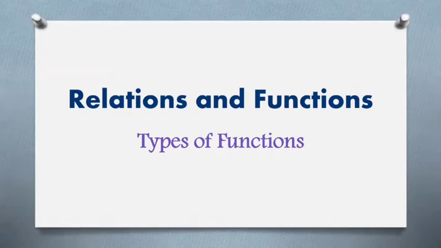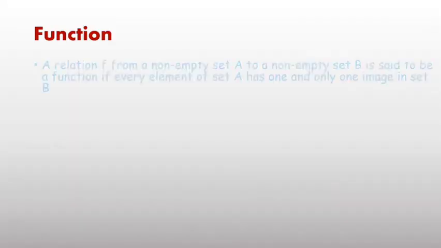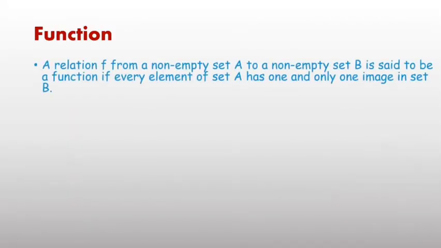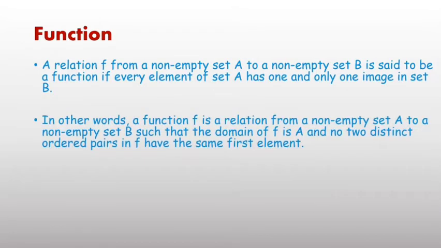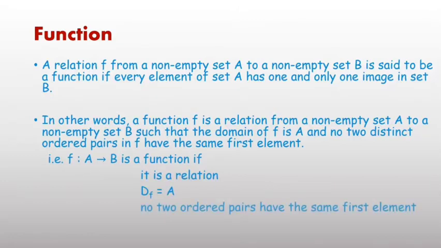Now second topic of first chapter, functions and types of function. Definition of function in class 11th you have covered. A relation f from non-empty set A to set B is said to be a function if every element of set A has a unique image in set B. That is, f is a function from set A to B if it is a relation.